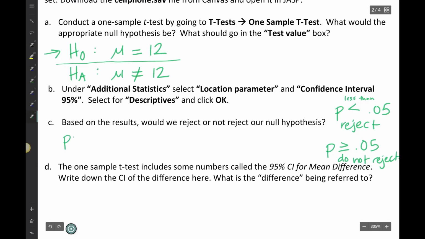P equals 0.003. So where does this 0.003 fall? Is this bigger than 0.05 or smaller than 0.05? Something that tends to throw people off a lot of the times is we'll have 3 decimal places here, but we only have 2 here. So let's say you're comparing 2 decimal places with 3 decimal places.